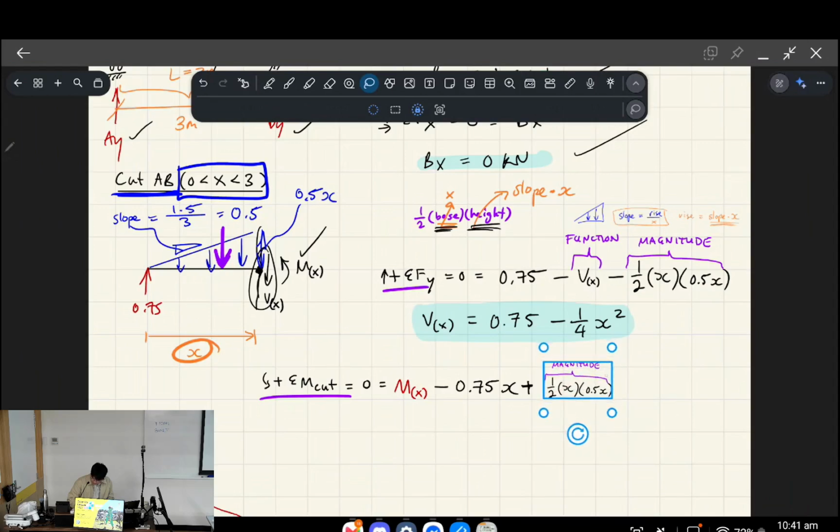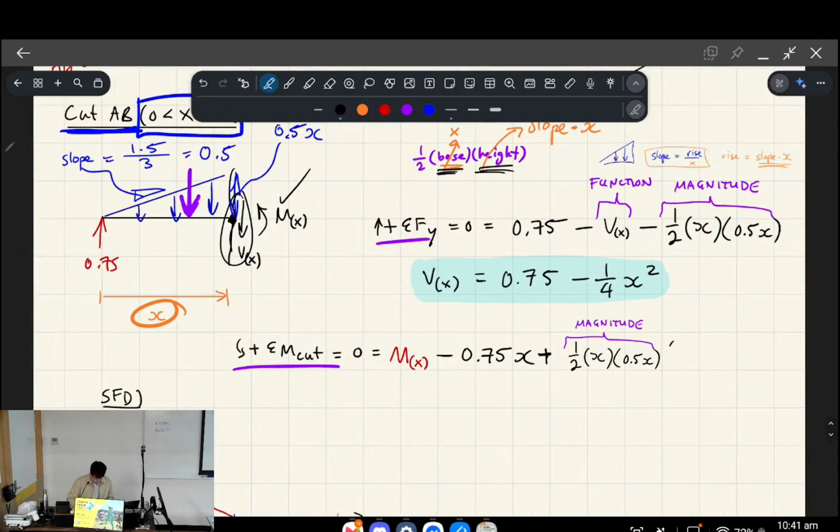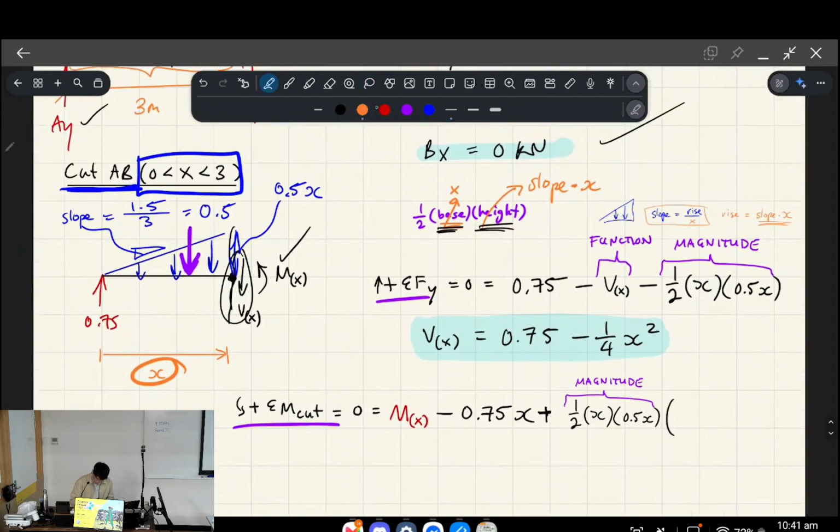That's the magnitude. And then we're also going to multiply by the lever arm, the distance from this point to this point, which is x on 3. So x on 3 is our lever arm.